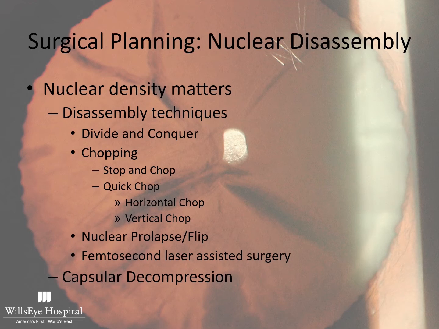Chopping techniques do not create a groove. You embed the phaco tip into the nuclear material, and then you use a second instrument to create cleavage planes in the lens and crack from there.